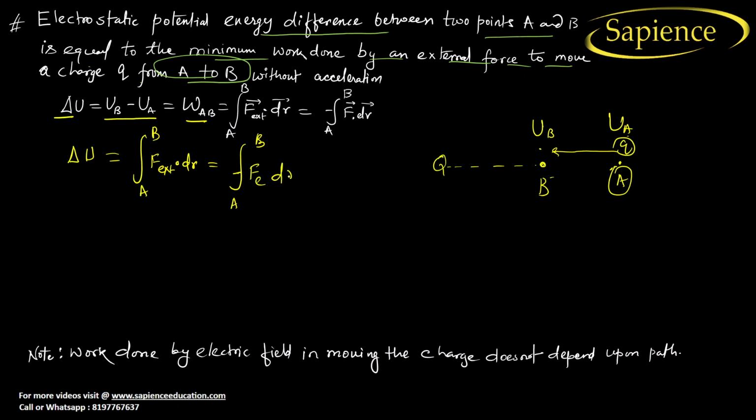Why? Because it will always act opposite to the applied force. So finally, the change in potential energy can be written as the integral from A to B of F dr. So this is what it is all about.